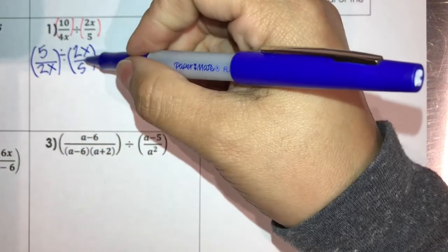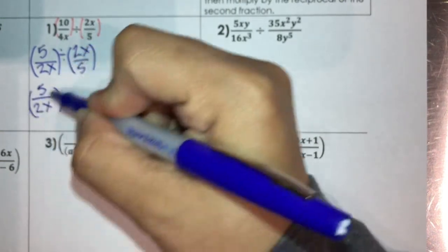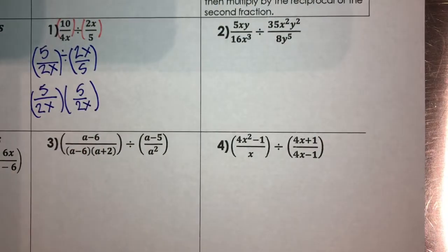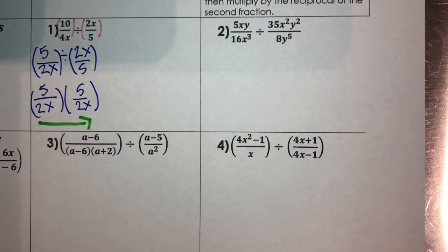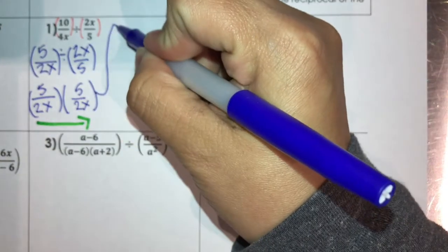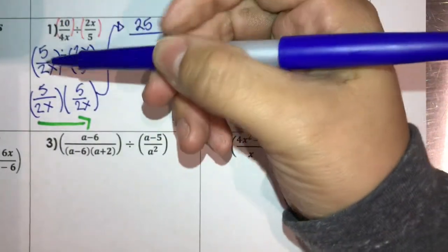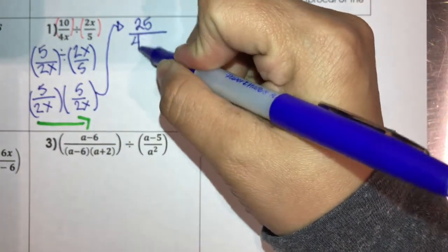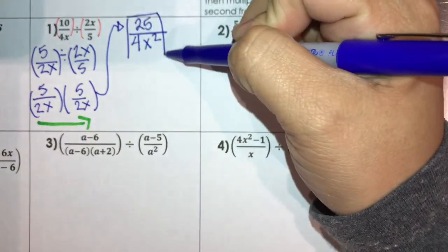Take the reciprocal of the second fraction, so I have 5 divided by 2x times 5 over 2x. When you multiply going across, 5 times 5 is 25, and 2x squared is 4x squared. So my solution is 25 divided by 4x squared.